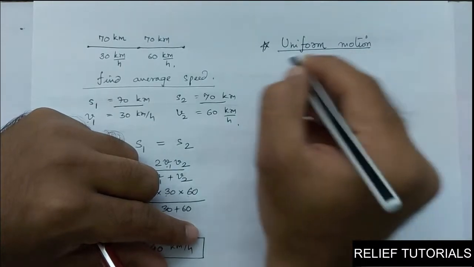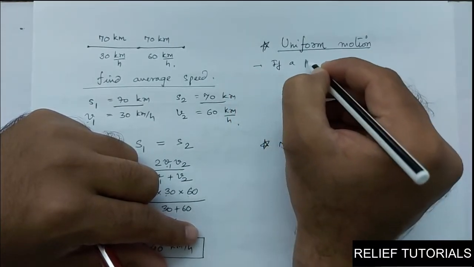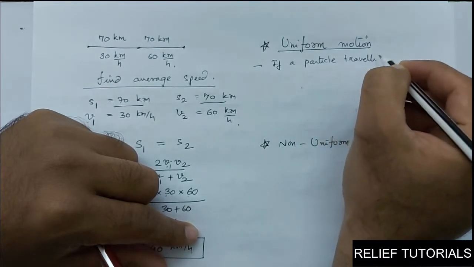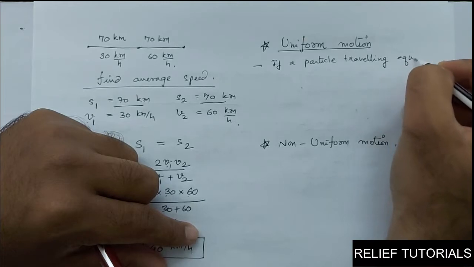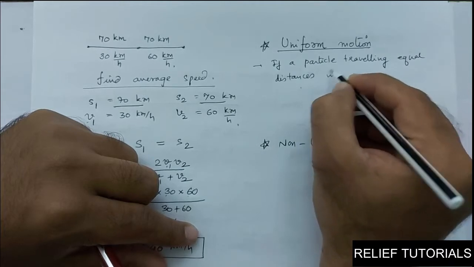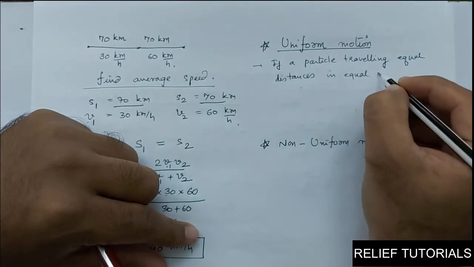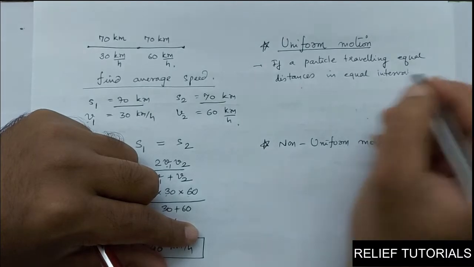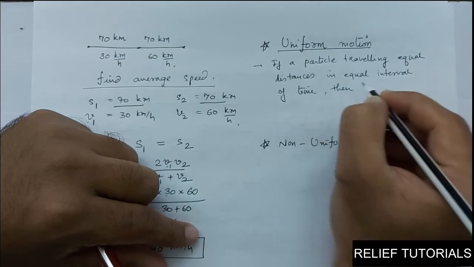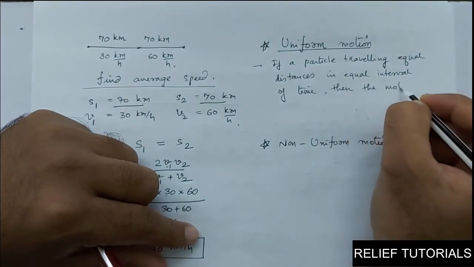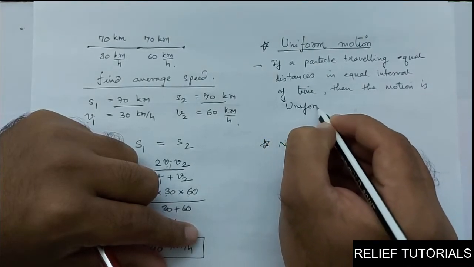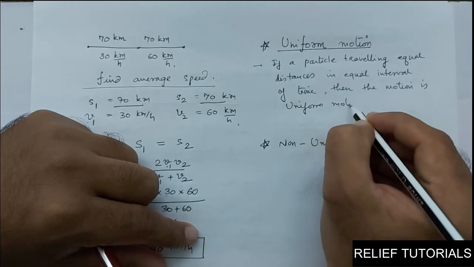Uniform motion means if a particle is traveling equal distances in equal intervals of time, then the motion is uniform motion.